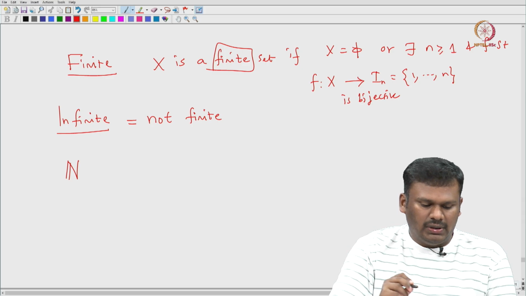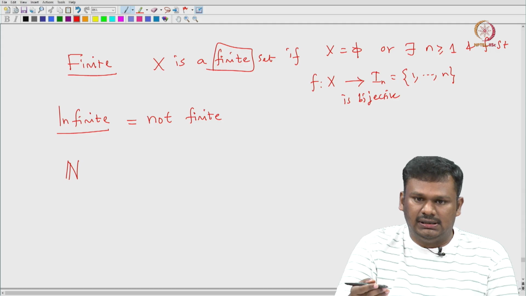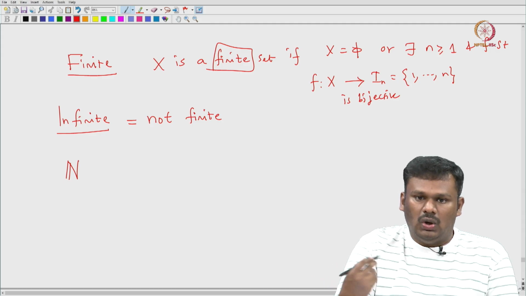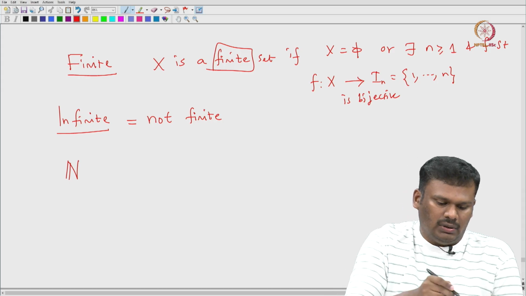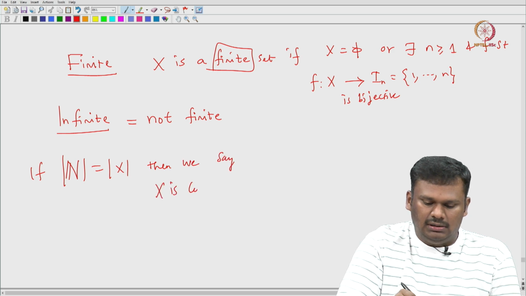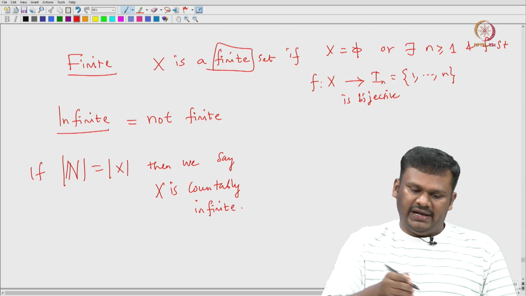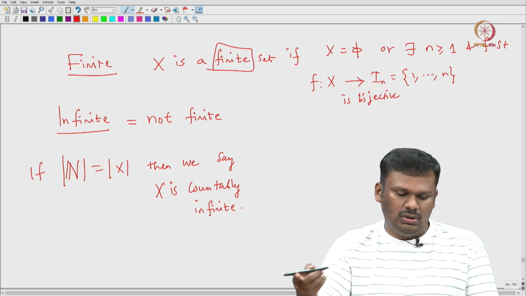Some sets that have the same cardinality as the natural numbers deserve a name: we say a set is countably infinite if it has the same cardinality as N. So, if the cardinality of N is the same as the cardinality of x, then we say x is countably infinite. Of course, finite sets are also countable, because the terminology countable means we should be able to count them.